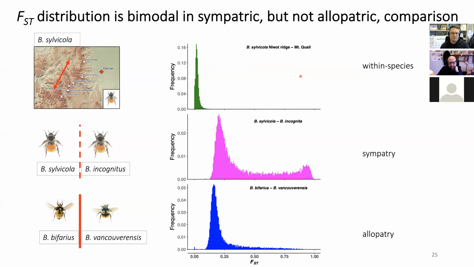And what this suggests to me is that there's a subset of regions with particularly high divergence, suggesting there's maybe some kind of additional force, such as, for example, differential gene flow, which causes one part of the genome to be particularly divergent.